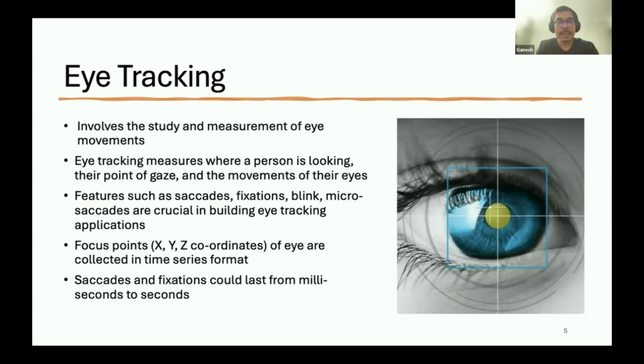These features are collected in time series format. Whenever our eyes are moving in a virtual reality headset, our eye positions are collected in time series format of XYZ coordinates, in milliseconds according to the headset's refresh rate. If a headset's refresh rate is 250 hertz, then we can collect 250 timestamps per second.